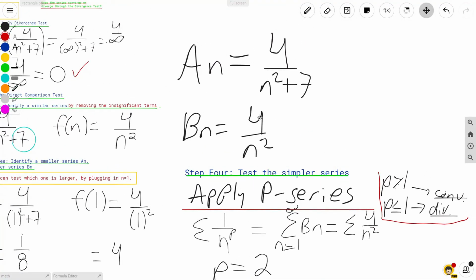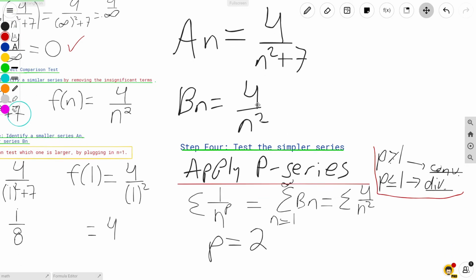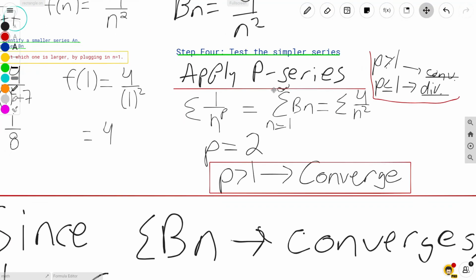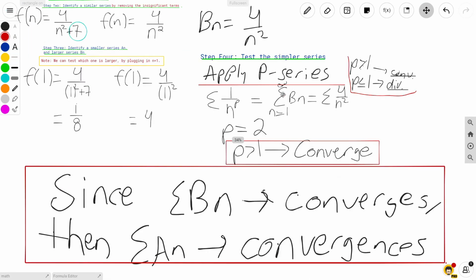So a sub n is 4 divided by n squared plus 7, the original series, and b sub n is 4 divided by n squared. Then all we did was test the simpler series. We applied the p series and got p equal to 2, so p was greater than 1. Whenever p is greater than 1 in a p series, that series converges. And since b sub n converges, a sub n also converges by direct comparison.